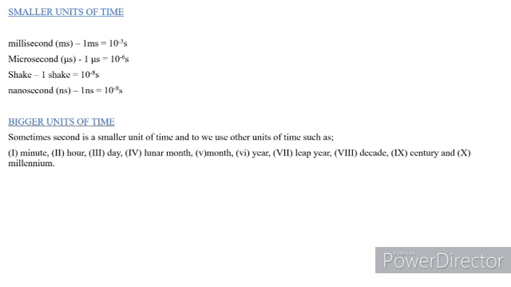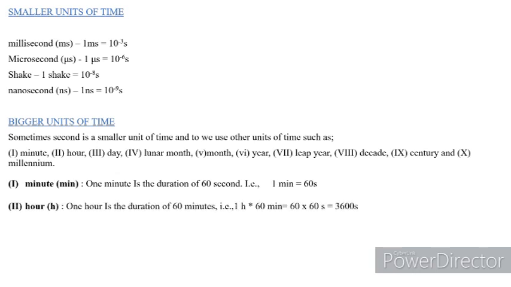Now see bigger units. These are all very familiar things. First one is the minute. 1 minute is a duration of 60 seconds. That is very commonly known.